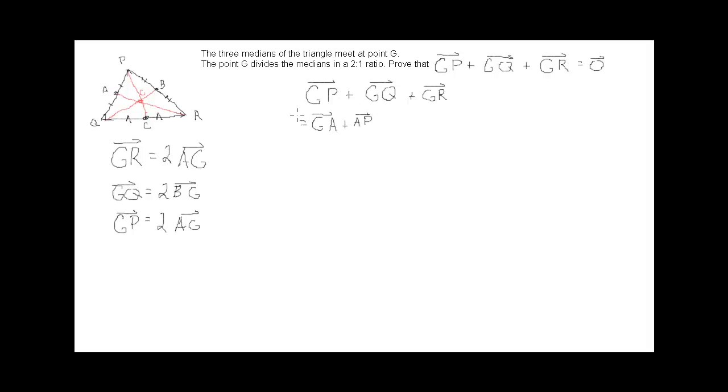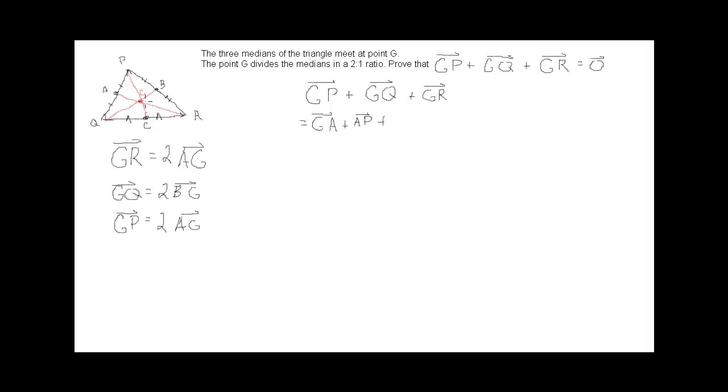So I got a GA, and that's kind of cool because I know GA in terms of GR. Let's do this one too. Now let's see if we can do GQ.